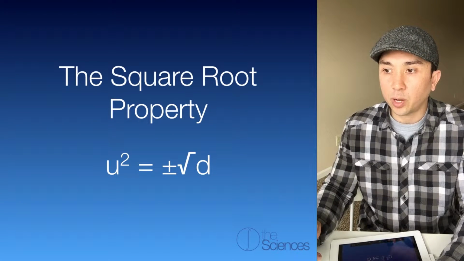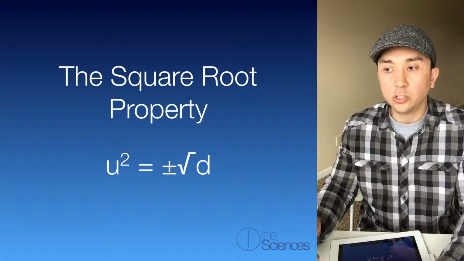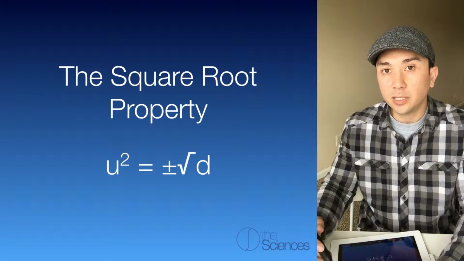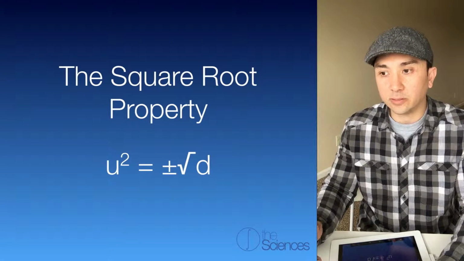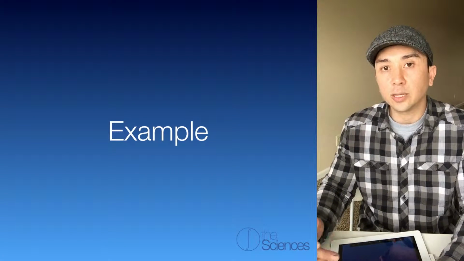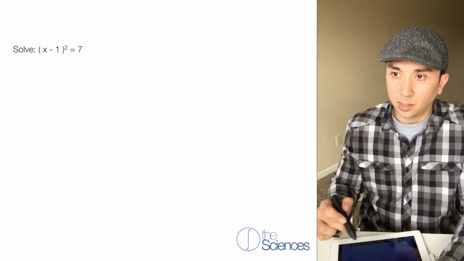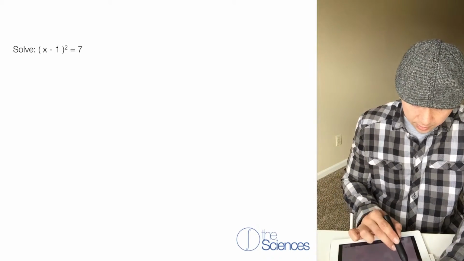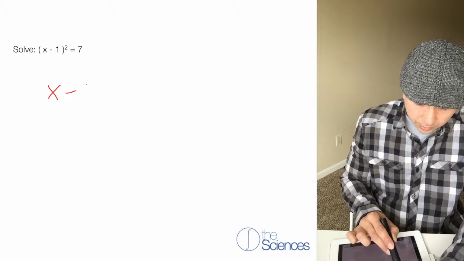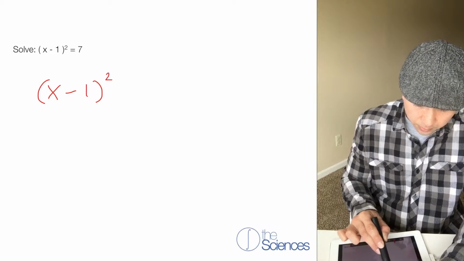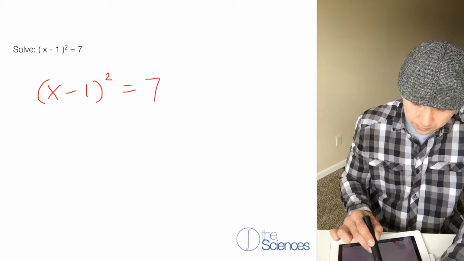So the square root property has the form u squared equals d, so u equals plus or minus the square root of d. So let's do an example. Here we have (x minus 1) squared equals 7.